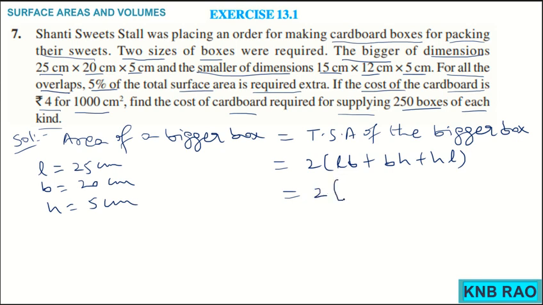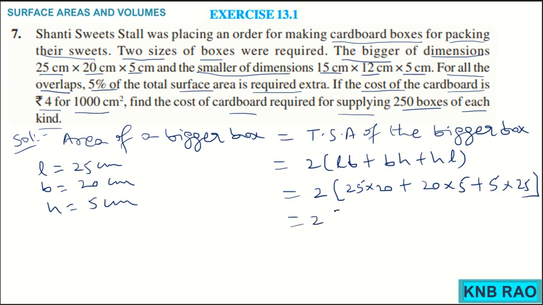So 2 into 25 20s, sorry, 25 20s, 20 5s and 5 25s.